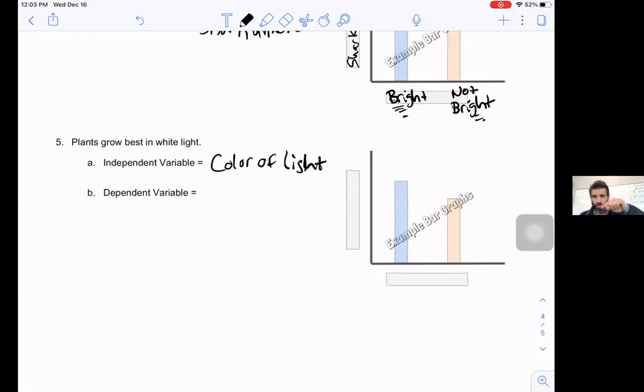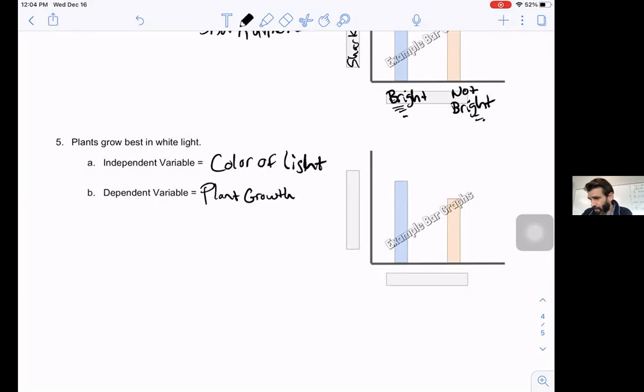So you could just measure the height of your plant, or the length of a leaf, or its total mass. So plant growth is the thing that we're going to measure.